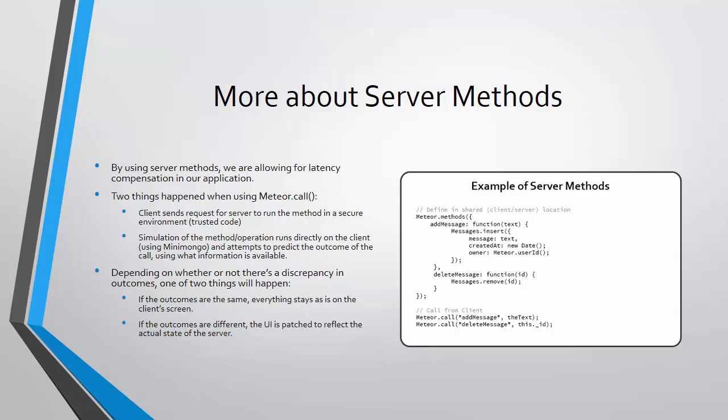And it's also going to do a simulation of the same operation at a client level, allowing for an instant reaction of the UI based on what the client thinks is going to happen. Then when the server finishes its round trip, it compares the result with the simulation, and depending on whether or not those outcomes are the same, either the UI is going to stay the way it is, or the UI is going to change depending on what actually happened on the server if the client was wrong with its simulation of what was supposed to happen.